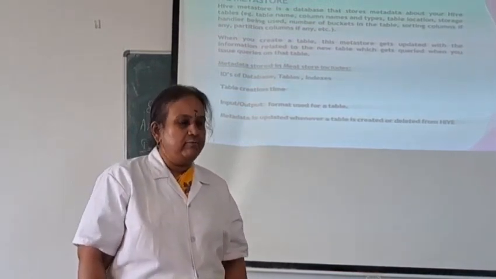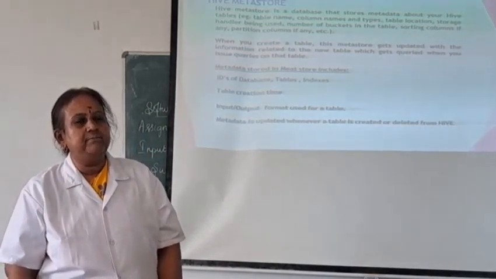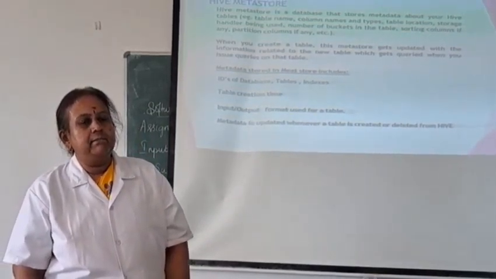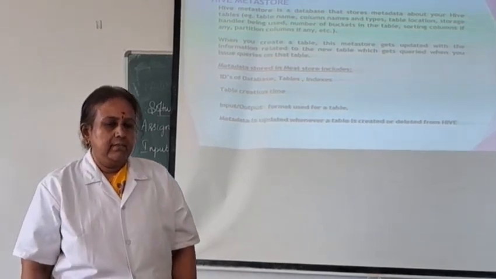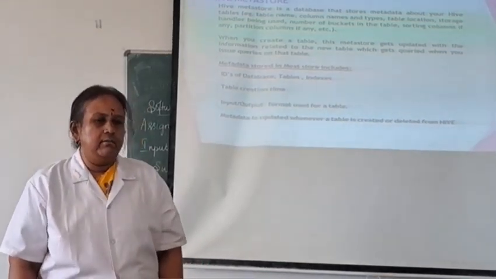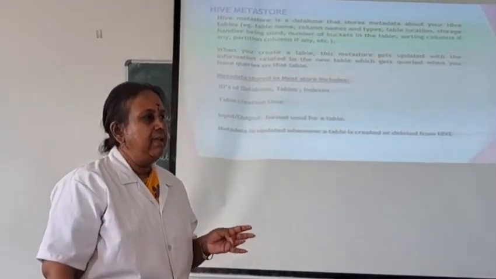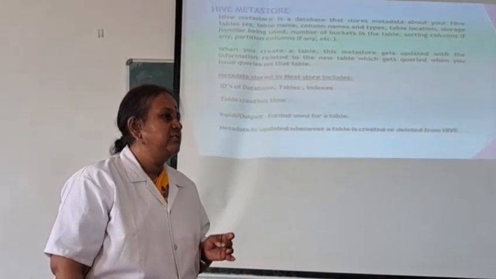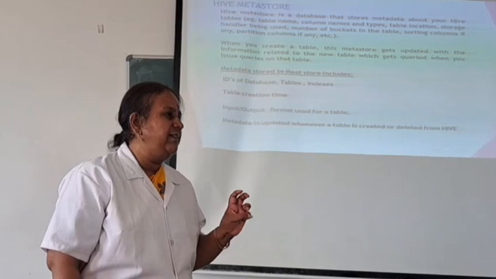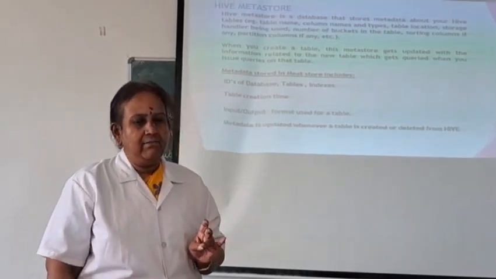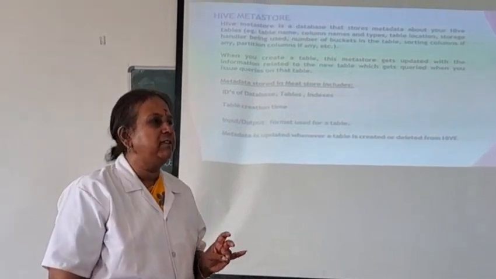So all your information is stored in the form of table, which can have the location, name, type, everything here. Okay. So now it contains ID of the database, tables and indexes. So each table will have a specific ID and it will have indexes of the particular table which is stored in your metastore.